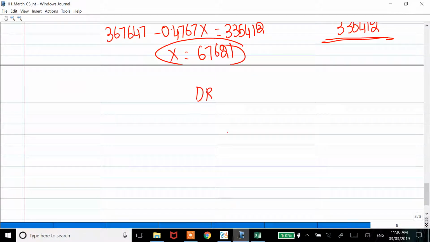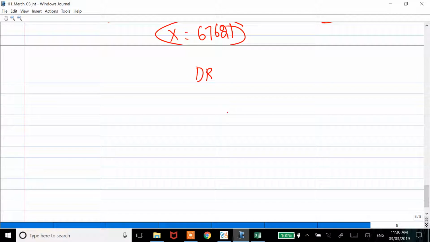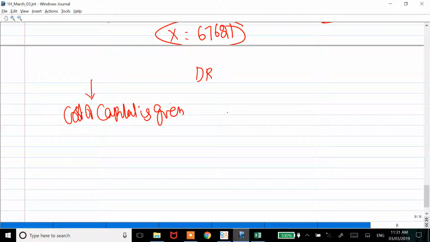A very critical item. Discount rate, let's assume cost of capital is given in the question. Discount rate equals COC, cost of capital.